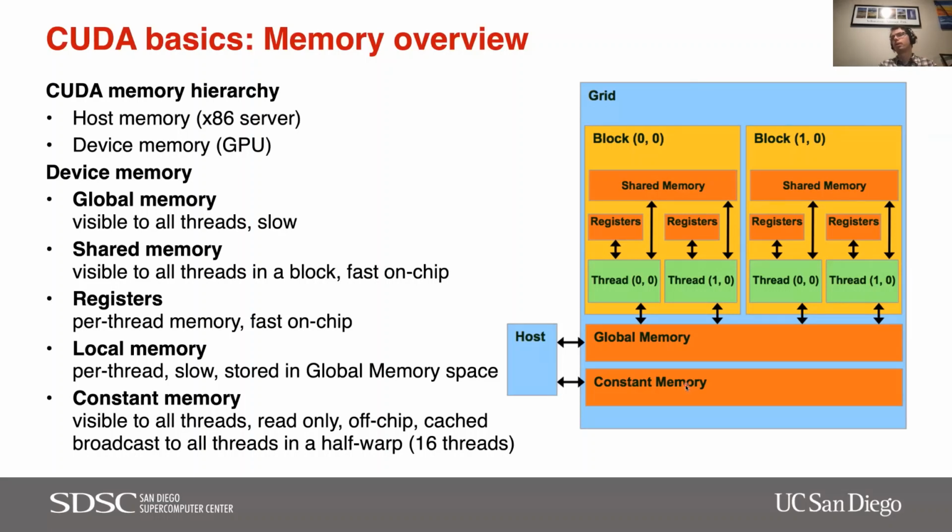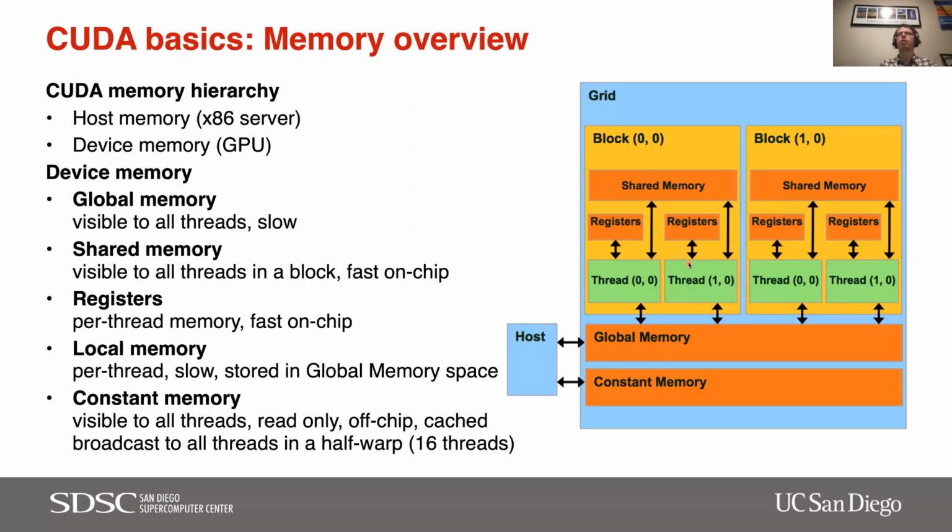So you might want to store something like pi in there, or some parameters for the simulation. Then the blocks run on a multiprocessor, so they can access their shared memory. And then the individual threads have access to the registers, which are automatically generated when the code is compiled.